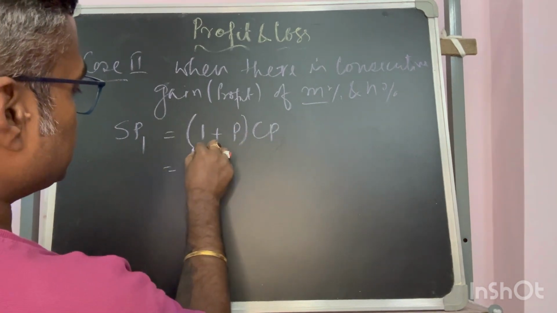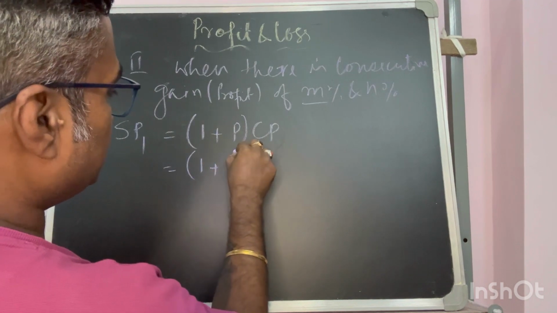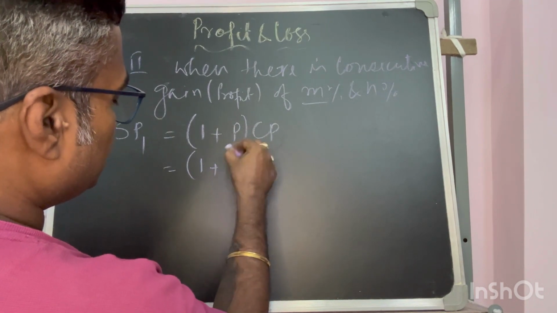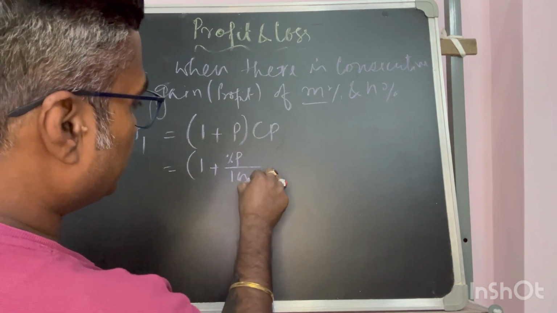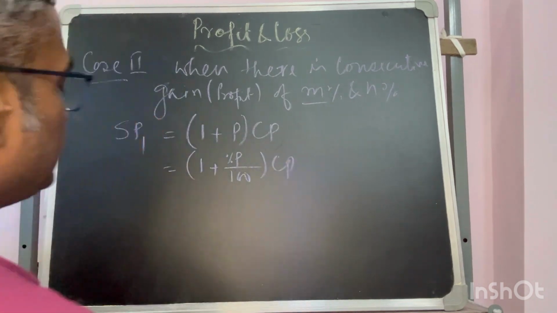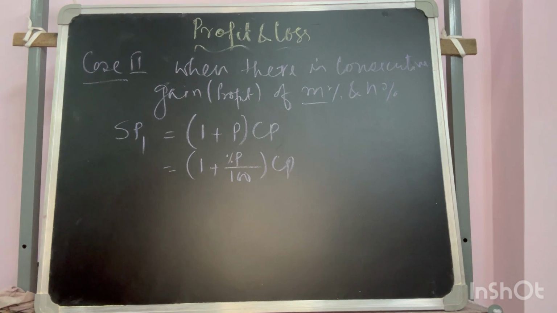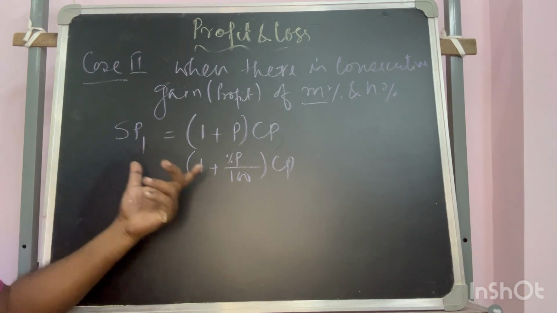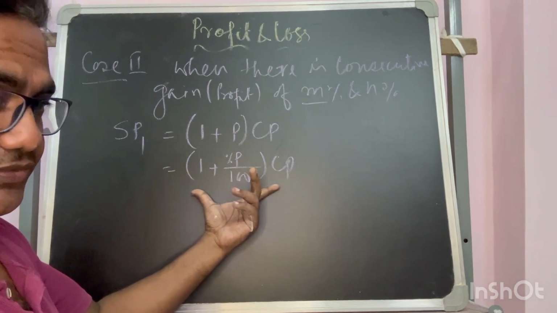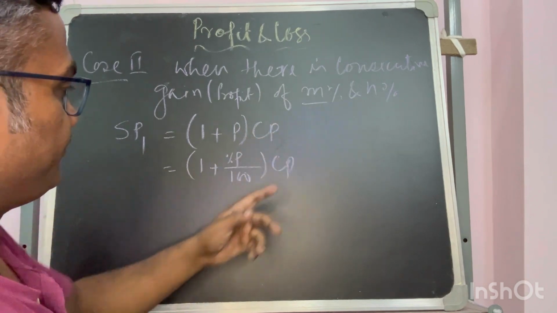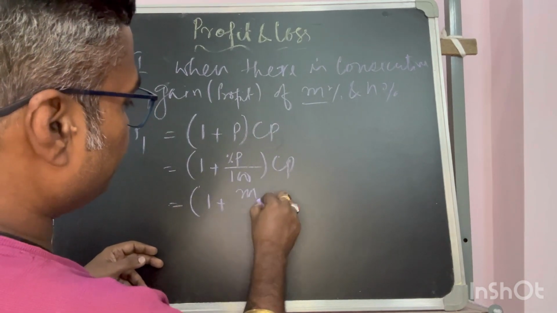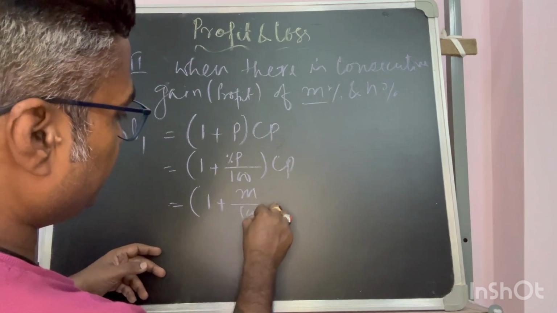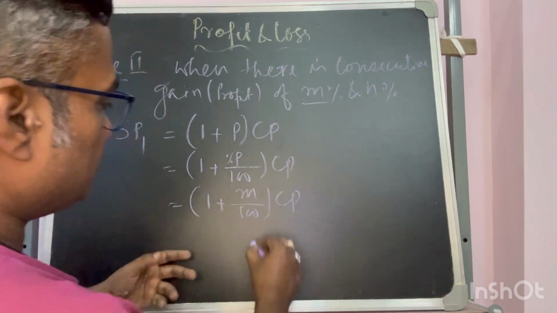Now if this is considered in percentage, then that will be the percentage gain divided by 100, into CP. This is the selling price for the first case, where I am selling at a profit of M. I am not writing percentage, since when it is divided by 100 it is a percentage only. So this will be the equation.